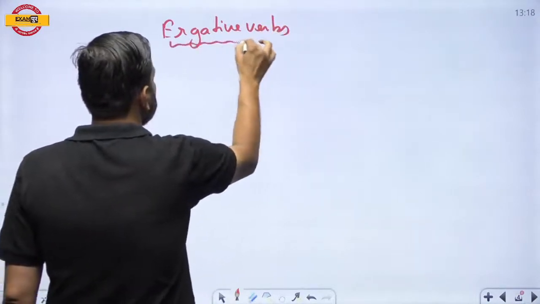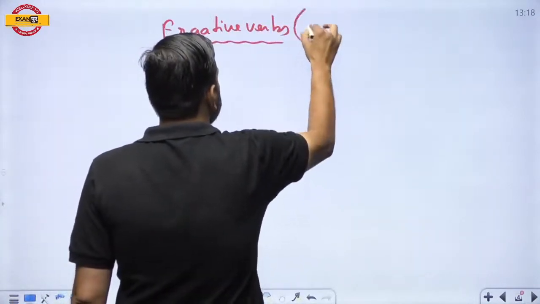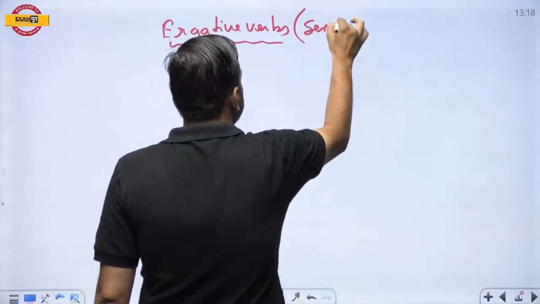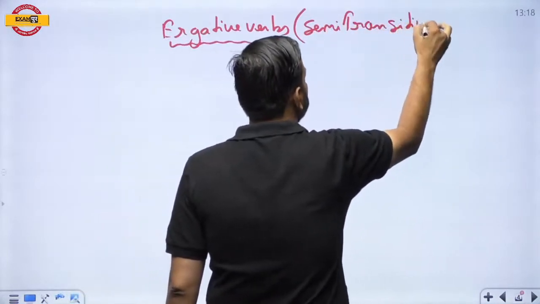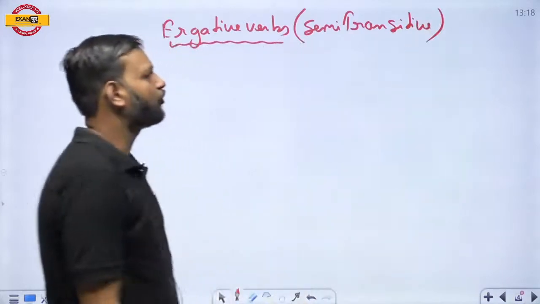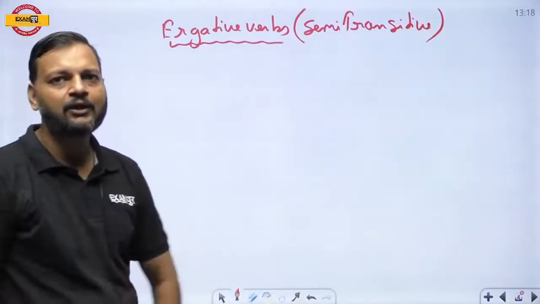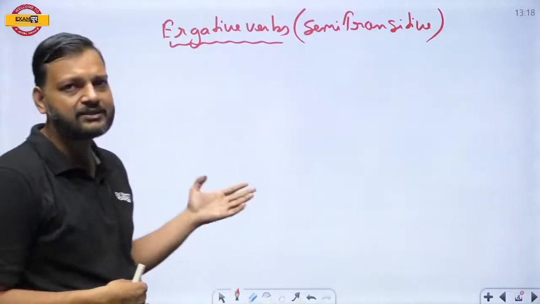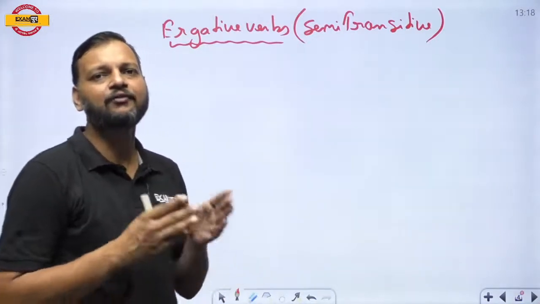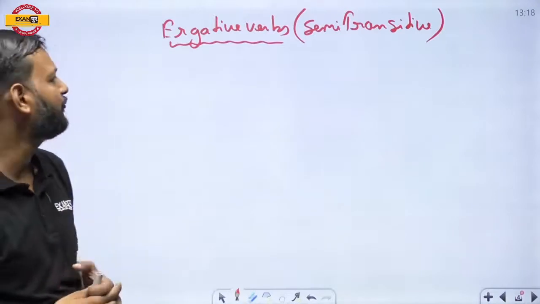Remember one thing, ergative verbs are also called semi-transitive verbs. As we have seen in the last slide, ergative verbs are never followed by reflexive pronouns.